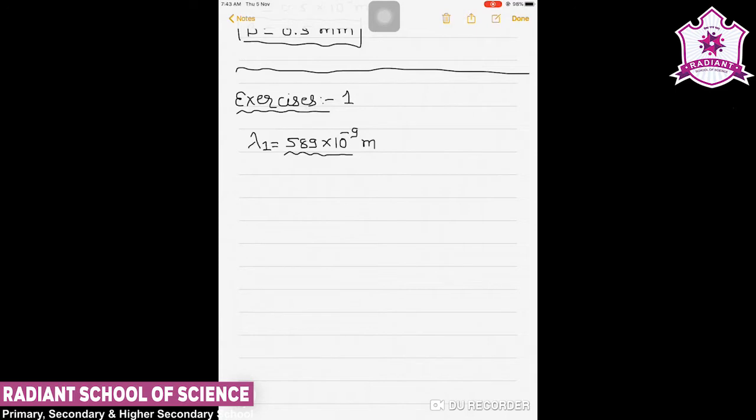What are the wavelength, frequency and speed of reflected and refracted light?